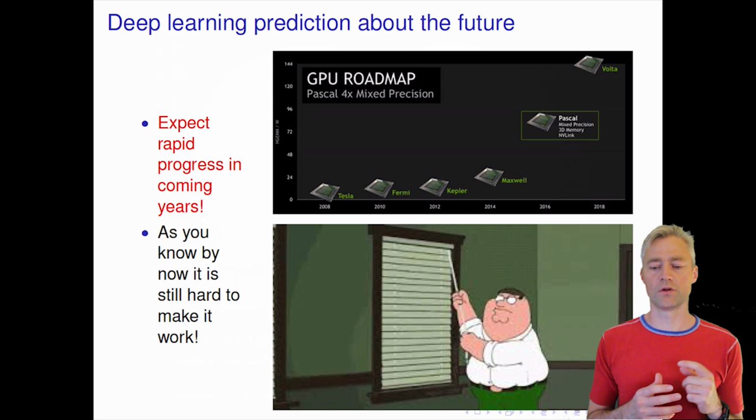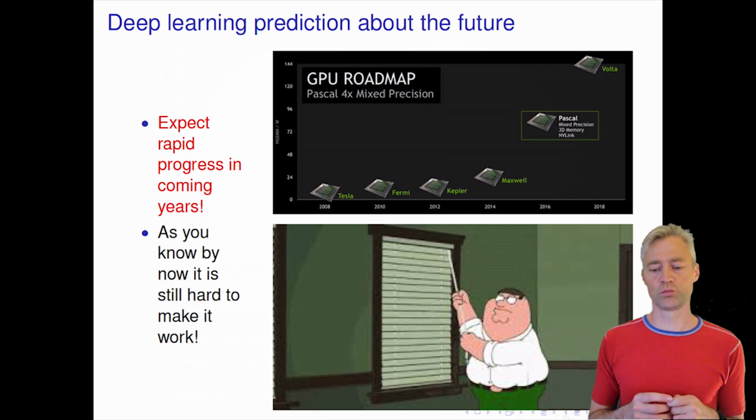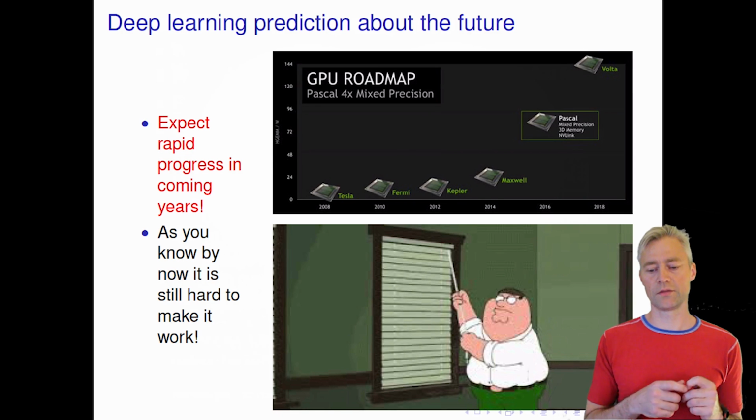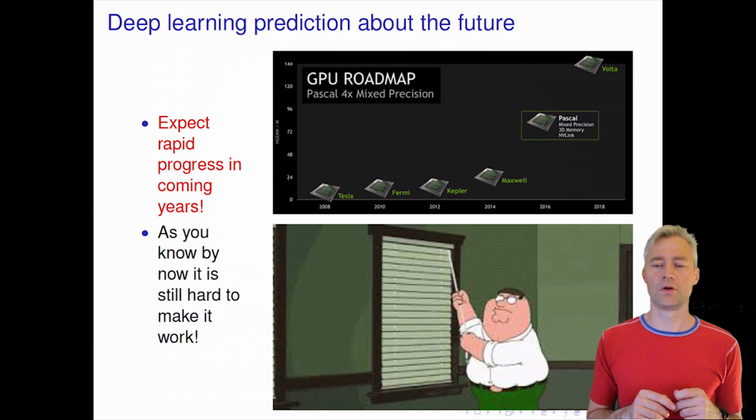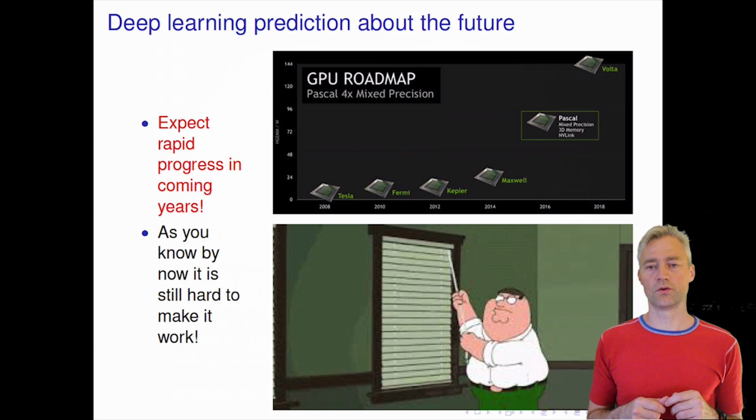So it means the number of computations per energy unit consumed as a function of the different generations of their GPUs. And you can see that they have just introduced this Pascal architecture this year, and it has given like a threefold increase in energy efficiency.